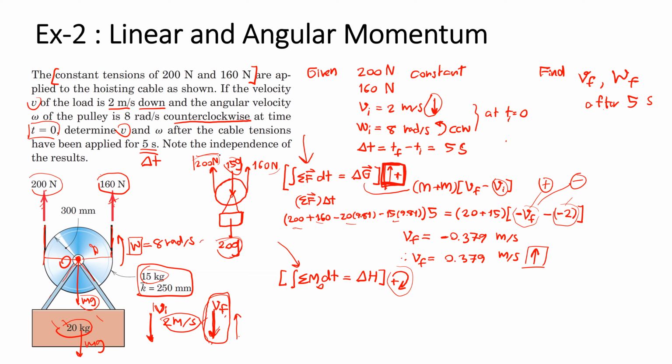The 200 Newton with the radius 0.3 meter creates the clockwise moment, the positive moment. The 160 Newton creates the counterclockwise moment.